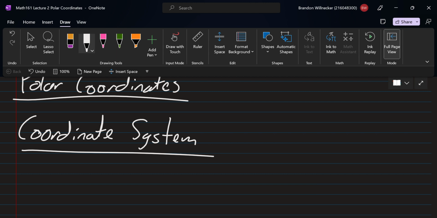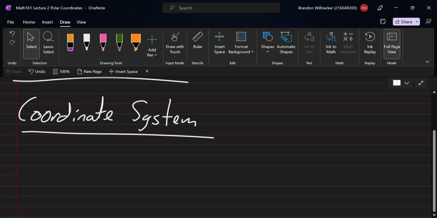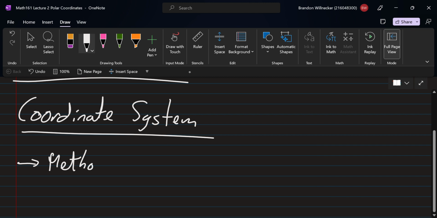We're just going to be working in 2D. However, this extends to 3D, for example. You can have X, Y, Z, but we're just going to be working in 2D spaces.